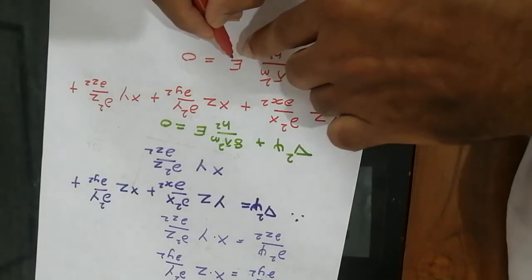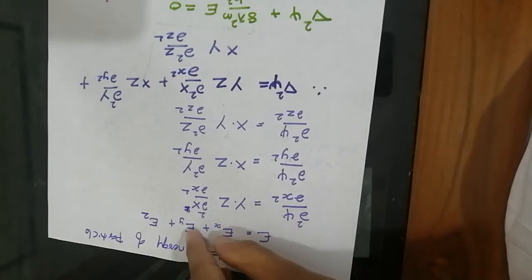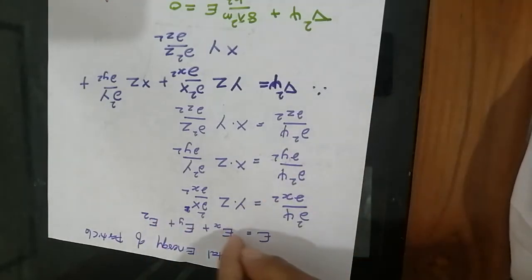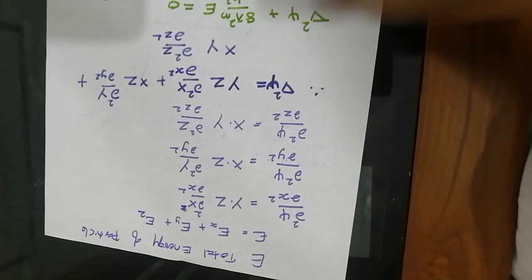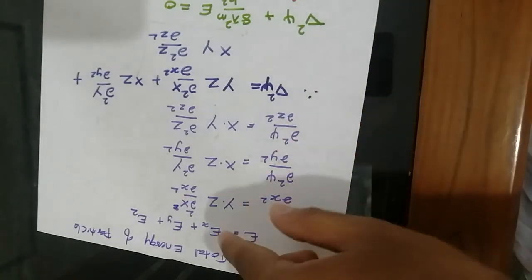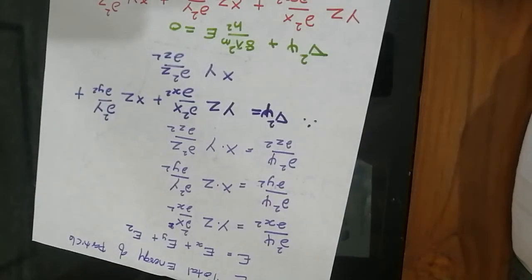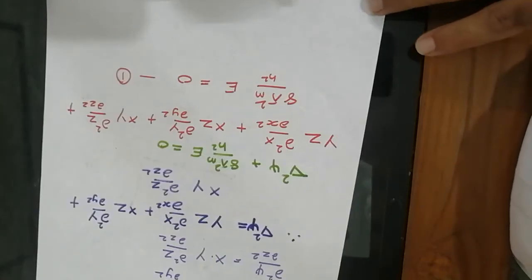Don't forget this E is equal to Ex plus Ey plus Ez. I will use this term whenever required. Don't forget, this E is equal to the sum of these three. Anyway, this is our equation number 1. Name it equation number 1.